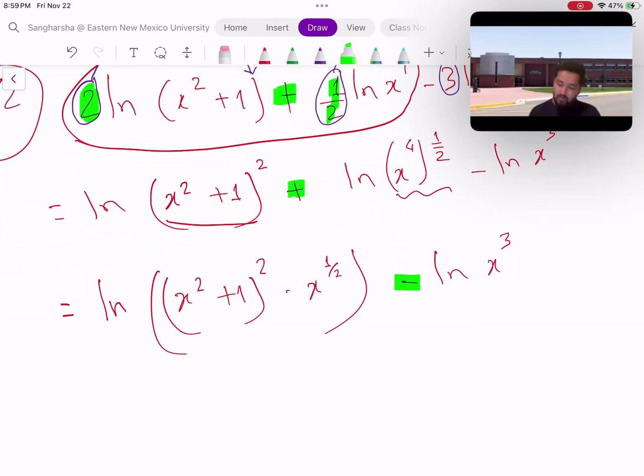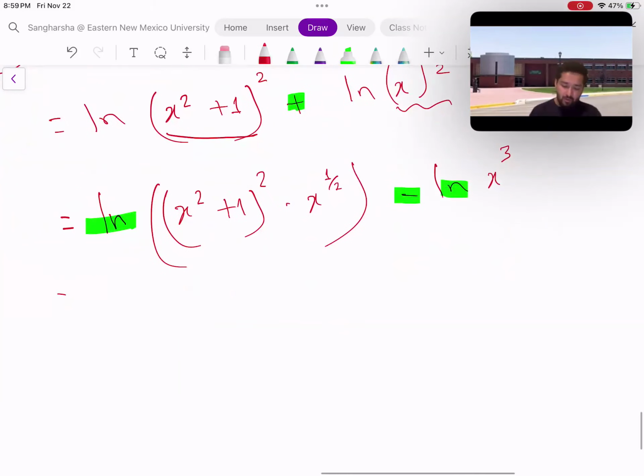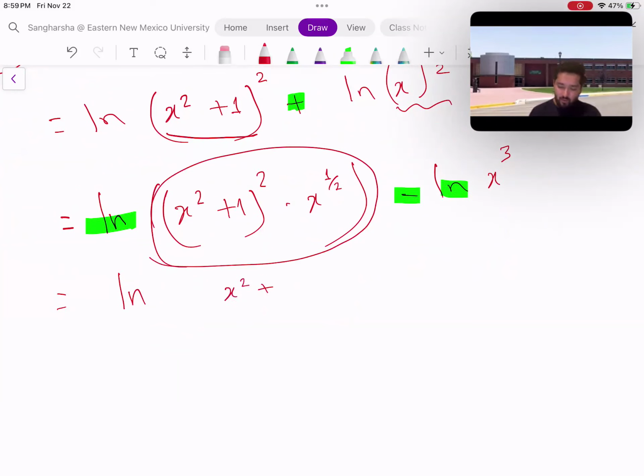Now we have a difference of logs, and if we have a difference of logs, we write this as a quotient. So this expression will be the numerator, (x squared plus 1) squared times x to the power 1/2, divided by, this will be your denominator, x cubed.